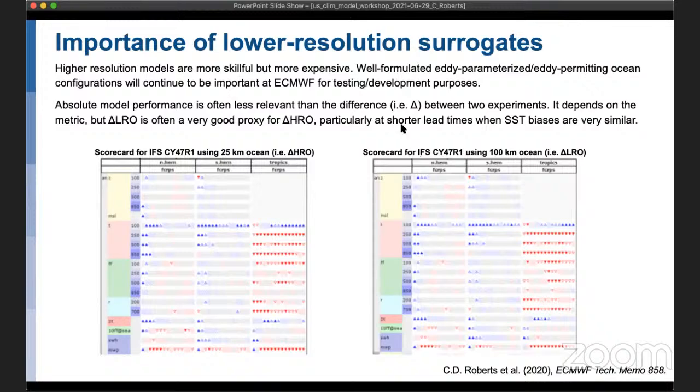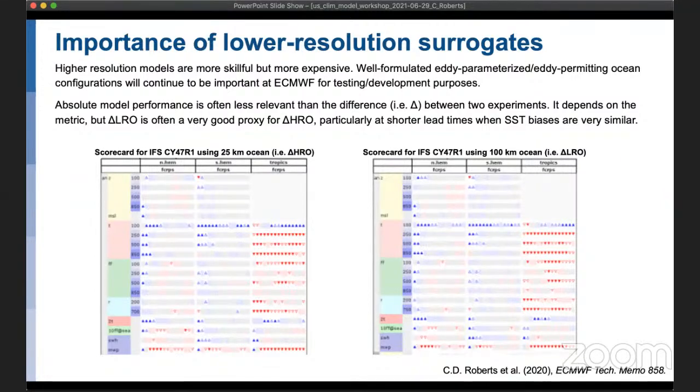So although the absolute model performance is better at higher resolutions, it's often less relevant than the difference, the delta between two experiments. And although it depends on the metric, the delta you estimate with a low-res model might be a very good proxy for the delta you estimate with a higher resolution ocean. And that's particularly true at short lead times when the biases are very similar.